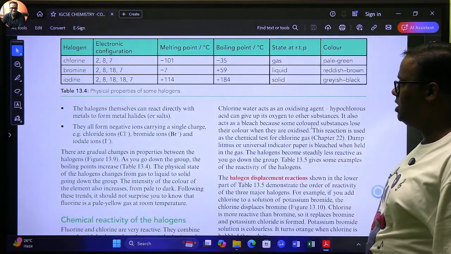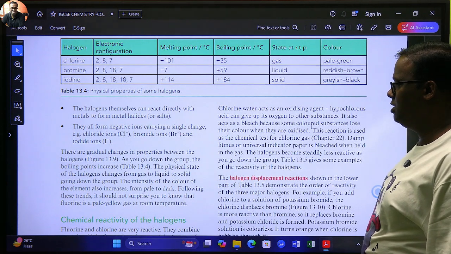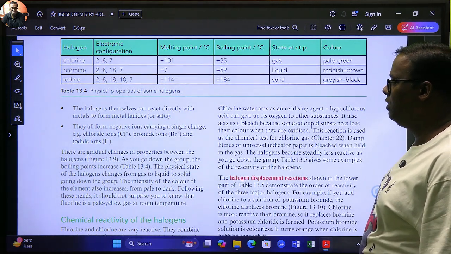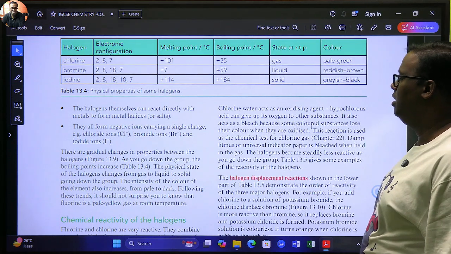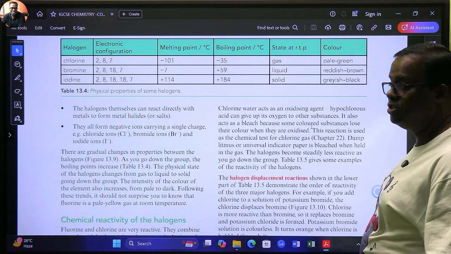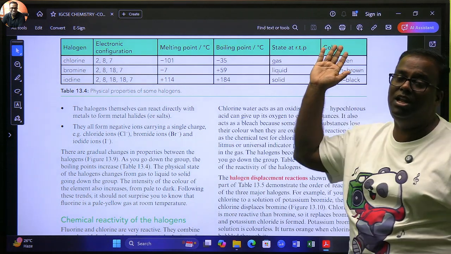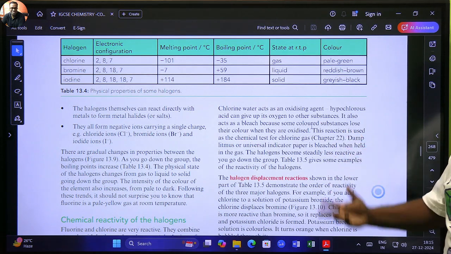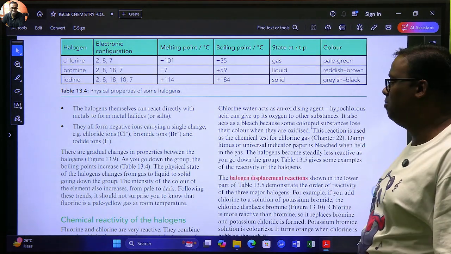There are gradual changes in the properties between halogens. As you go down the group, the boiling point increases. The physical state of the halogen changes from gas to liquid to solid. Going down the group, the intensity of the color of the element also increases. We had pale green, and slowly as we come down to iodine, we get purple, which is much darker.